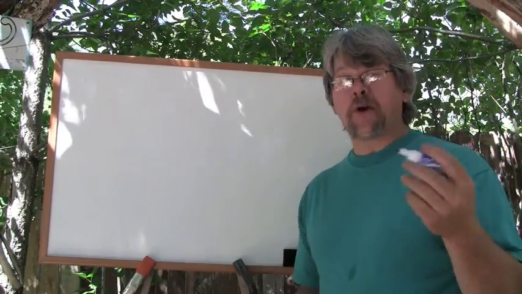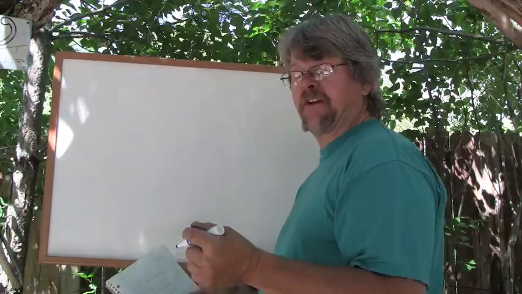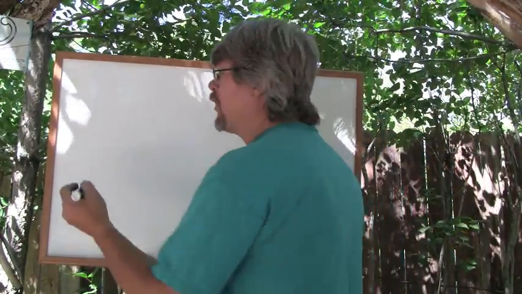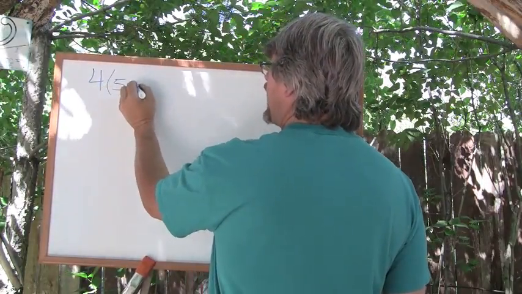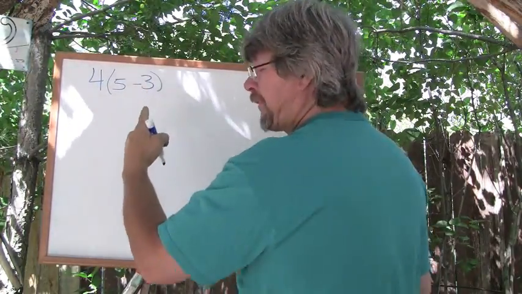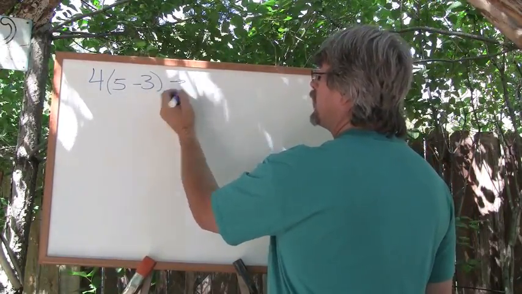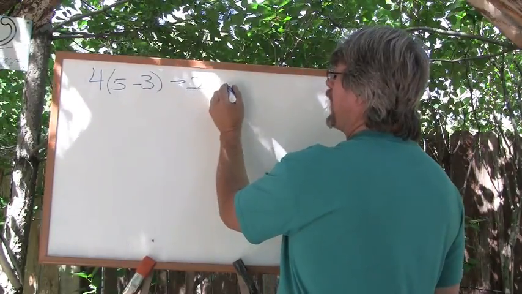And we want to practice this quite extensively because of its value for helping us solve really tough equations. 4 times (5 minus 3) gives us excellent practice. 4 times 5 is what? 20. 4 times negative 3 is what?